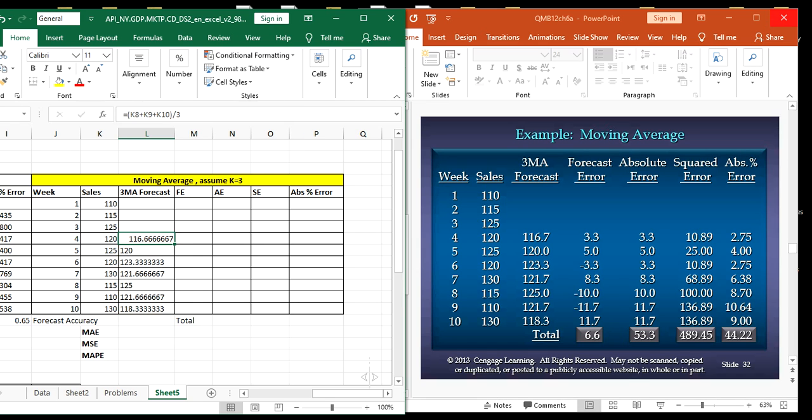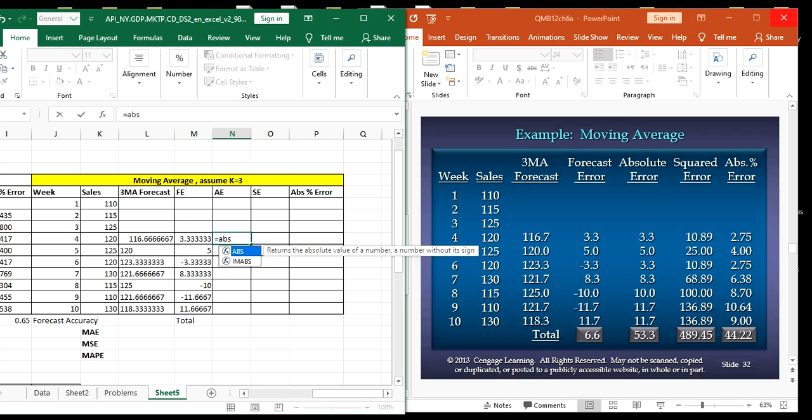It doesn't matter. So what's the forecasting error? The same method as we did: the actual one minus the forecasted one. So what's the absolute one? Because we have decimal numbers here, I will use the absolute function in Excel.